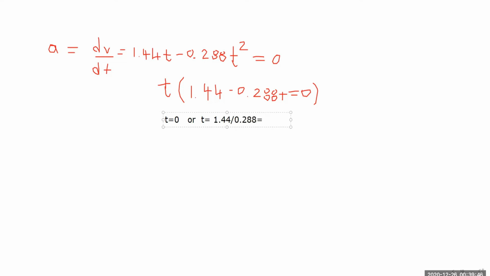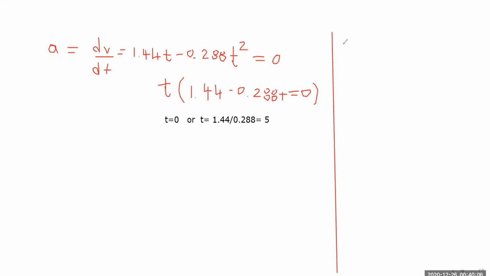And what is that working out to be? 1.44 divided by 0.288, that is 5. So either t equals 0 or t equals 5. Now let's check out the other one as well.